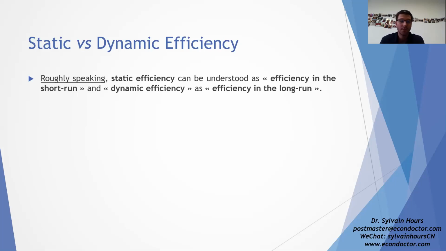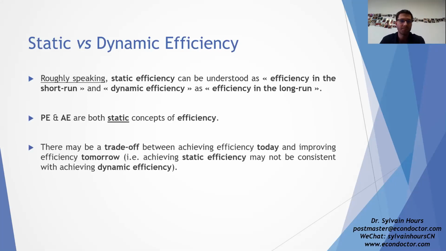We never really talked about costs or benefits that could arise in the long run, simply because there was no time. When we talk about productive efficiency and allocative efficiency, these are static concepts of efficiency measured at one point in time.